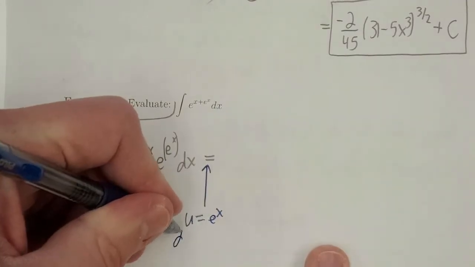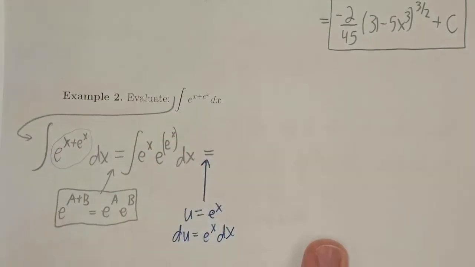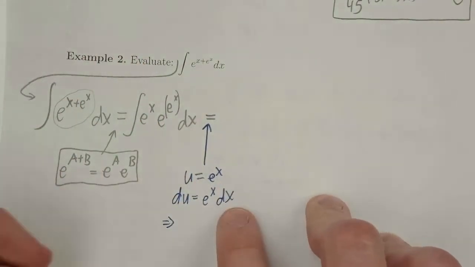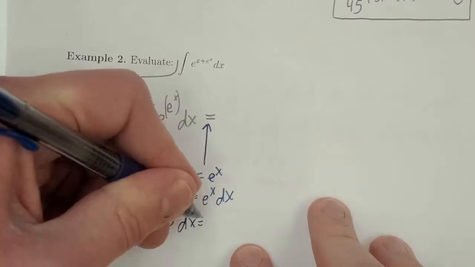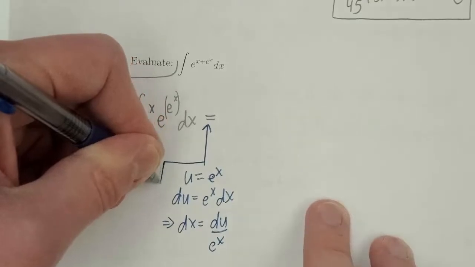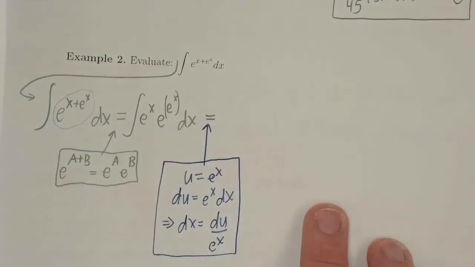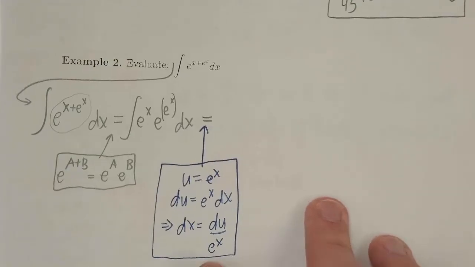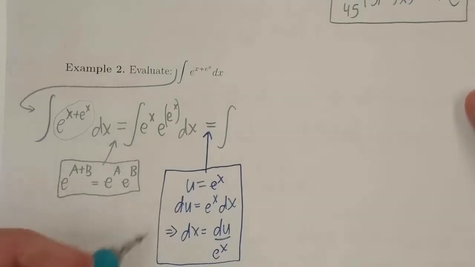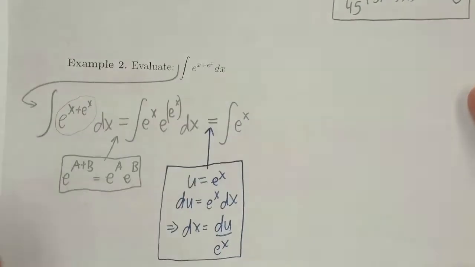So then, as I said, du will then be equal to e to the x dx. And then as a result, if we solve for dx in this case, we have dx is equal to du over e to the x. Okay. So now that we have that, we then say, all right, e to the x, well, I'll leave it here for now, and you'll see why in a second.